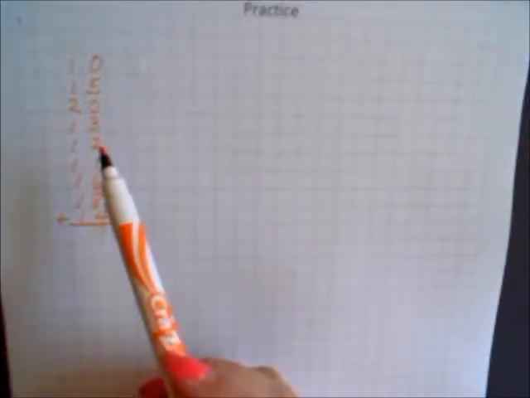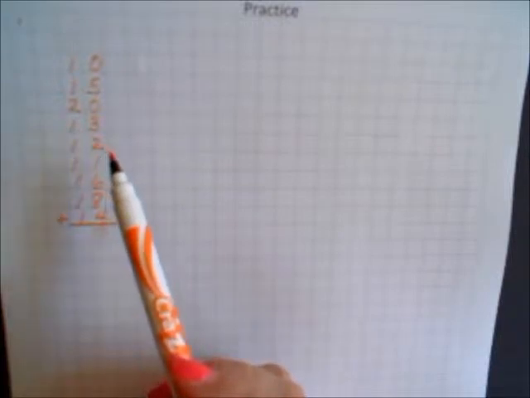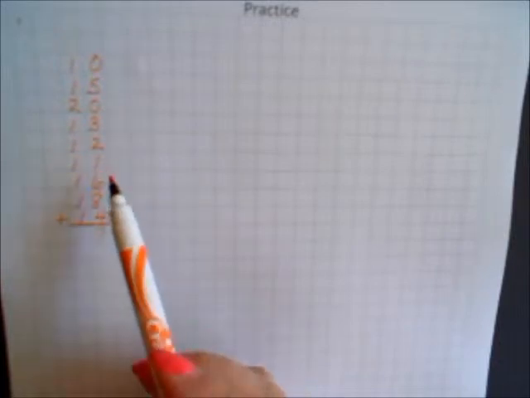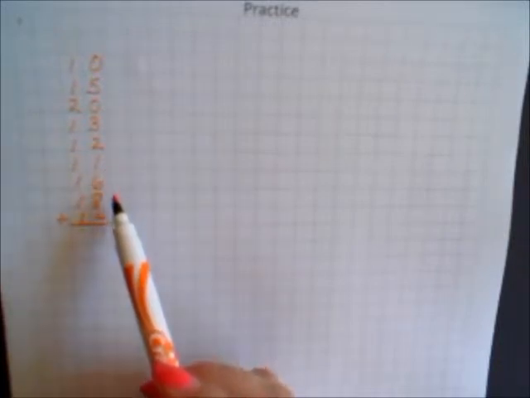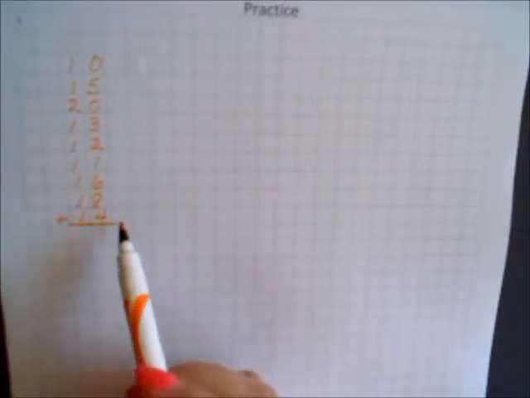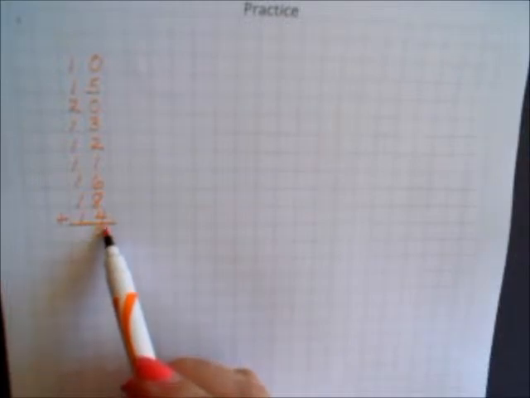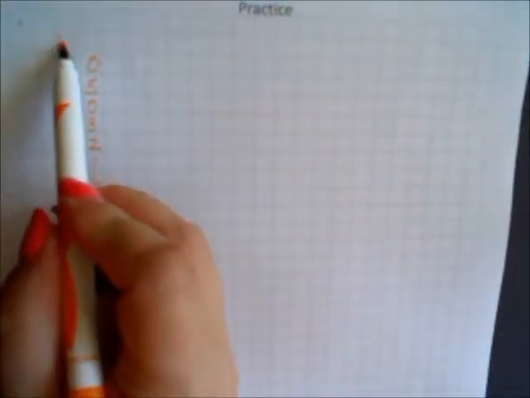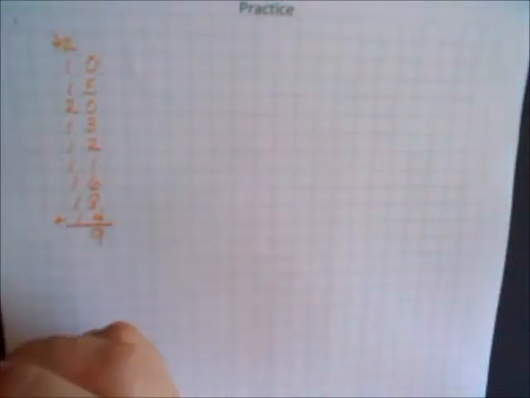0 plus 5 is 5. 5 plus 0 is 5. Plus 3 is 8. Plus 2 is 10. Plus 1 is 11. Plus 6 is 17. Plus 5 is 25. Plus 4 is 29. Let's put our 9 down here and carry our 2 up to the top. Okay.